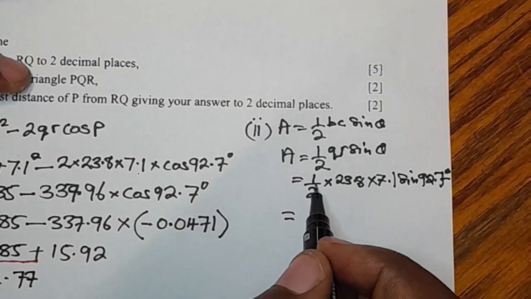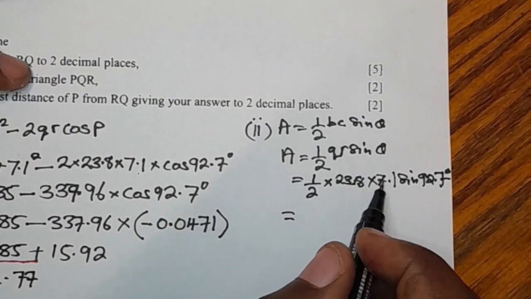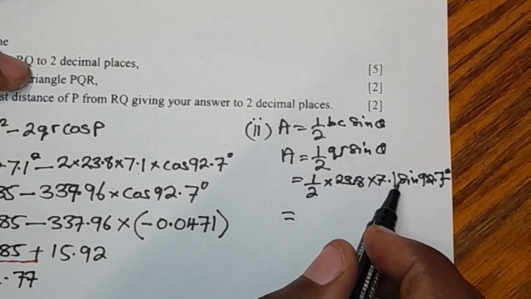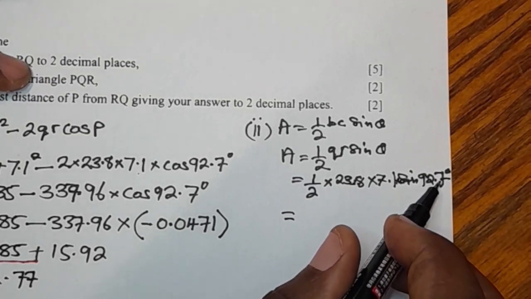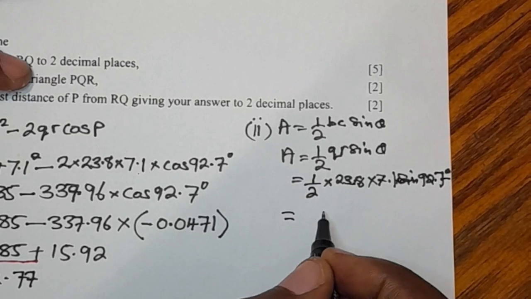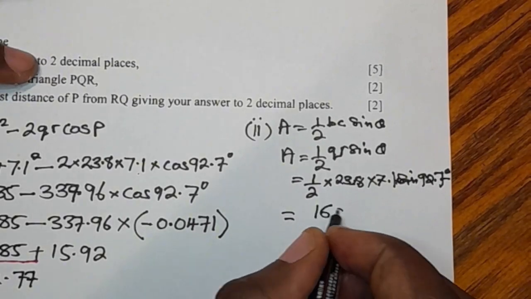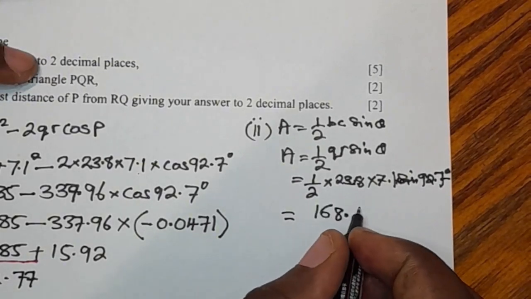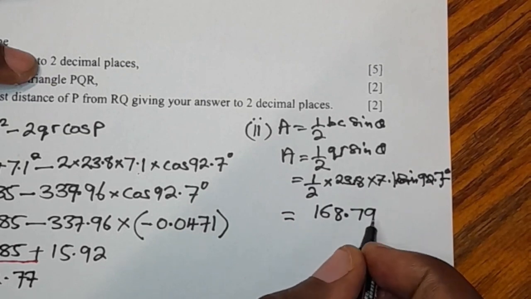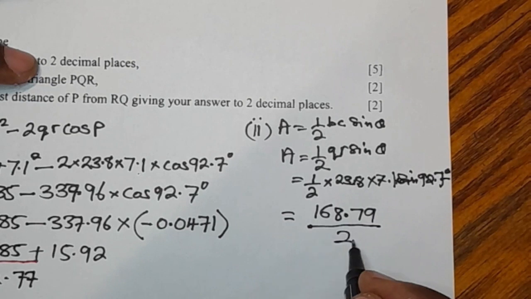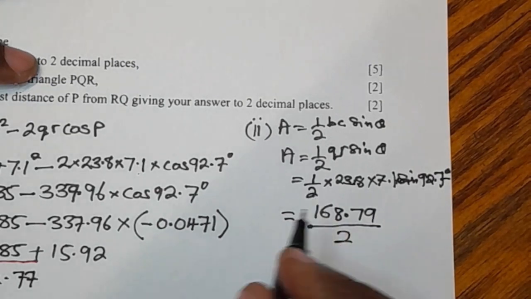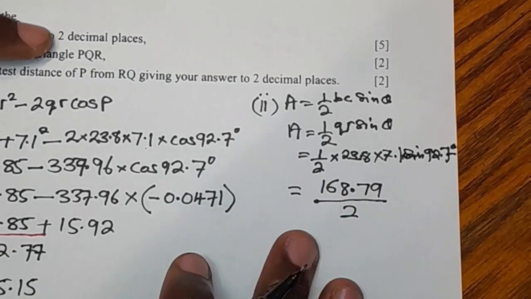So here 23.8 times 7.1 times sine 92.7 degrees will give 168.79. Then over 2, we're dividing by 2.